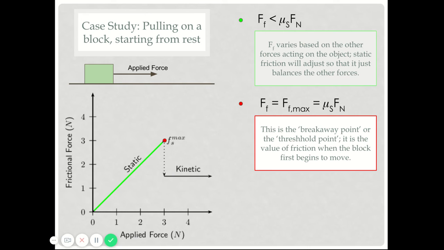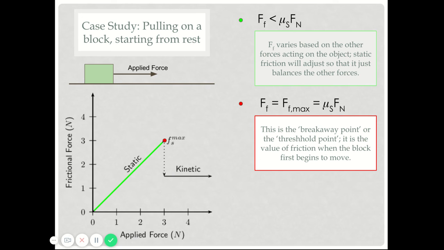Up until that point, the value of static friction has to be inferred from all the other forces that are acting. In problems, you look for phrases like breakaway point or about to move or first begins to move. That is all indicating that you're at this particular moment in the situation where the frictional force does actually equal the maximum value of static friction. And you can use mu sub s times the normal force.